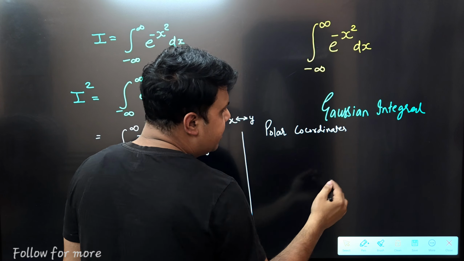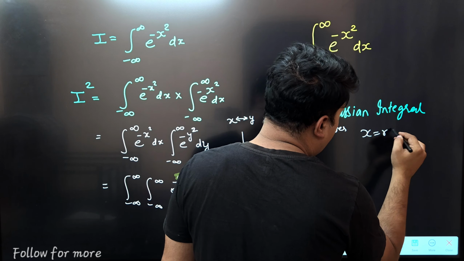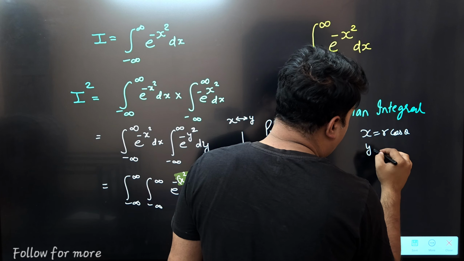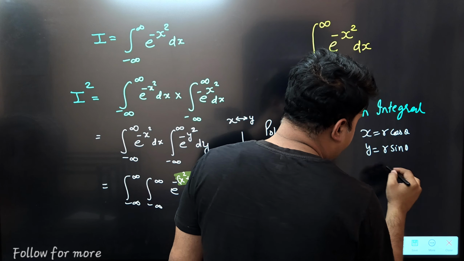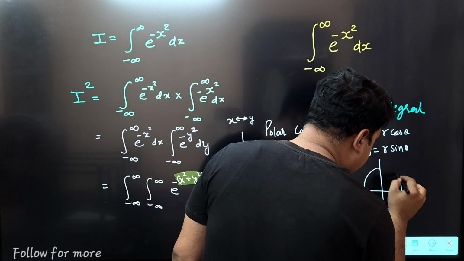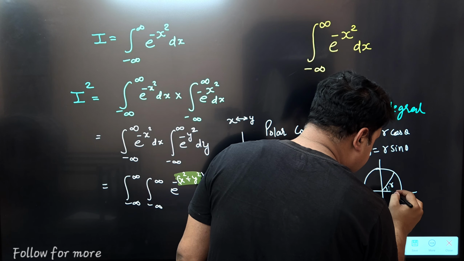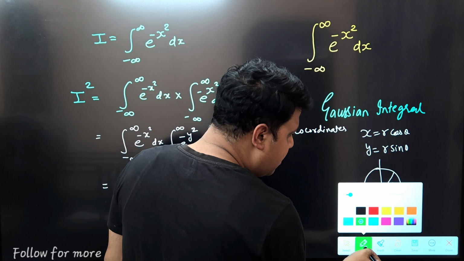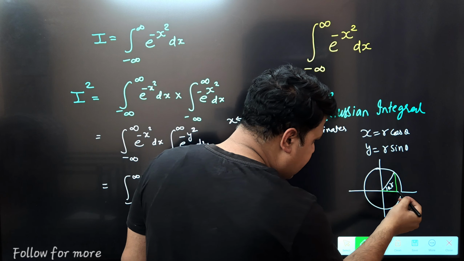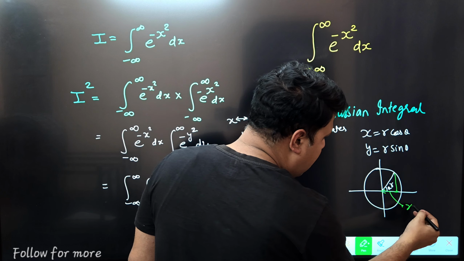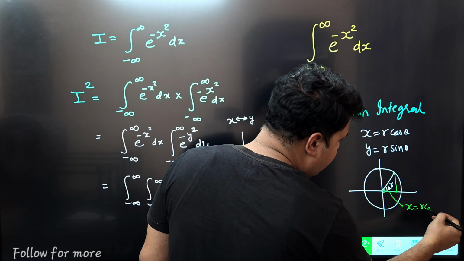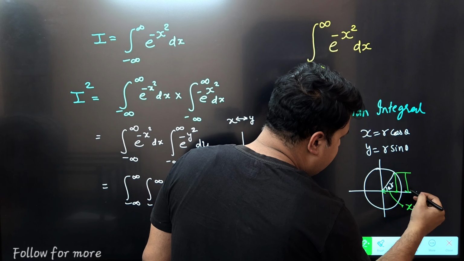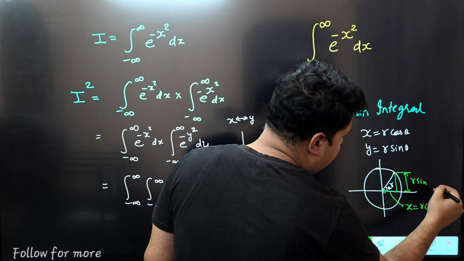In polar coordinates, if I say x equals r cos theta and y equals r sin theta, right? If I make a circle of radius r, this angle is theta. So this x length is r cos theta, and this y is r sin theta, right?